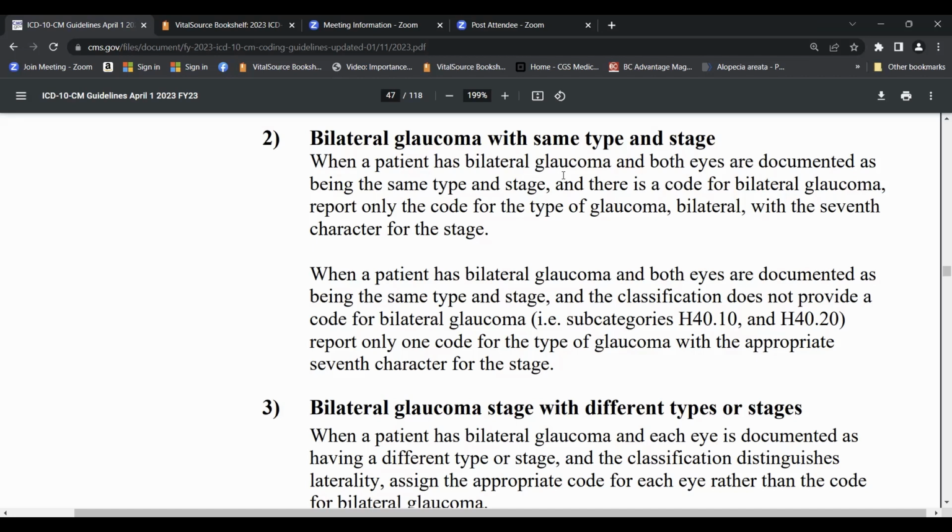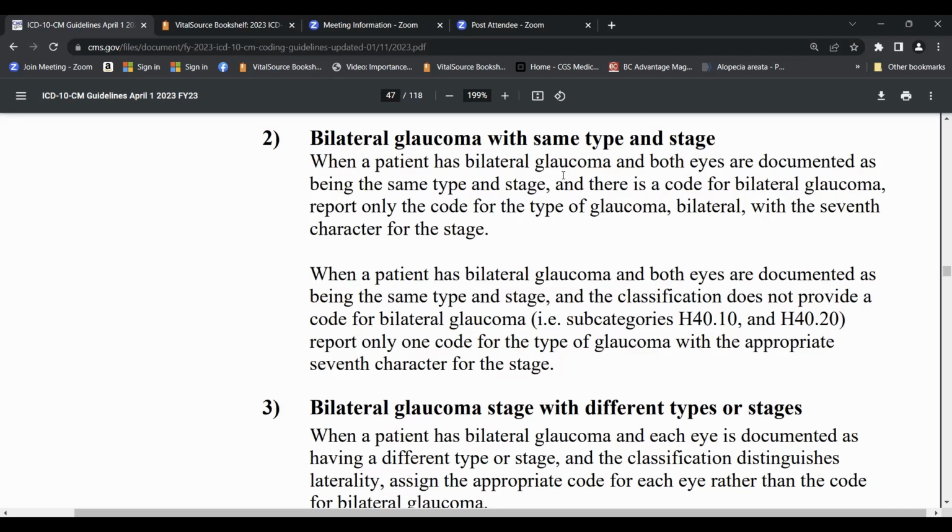When a patient has bilateral glaucoma and both eyes are documented as being the same type and stage, and the classification does not provide a code for bilateral, and we have some examples, H40.10, H40.20, report only one code for the type of glaucoma with the appropriate 7th character.